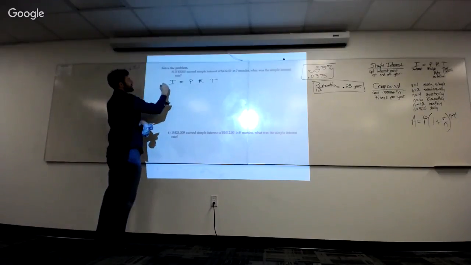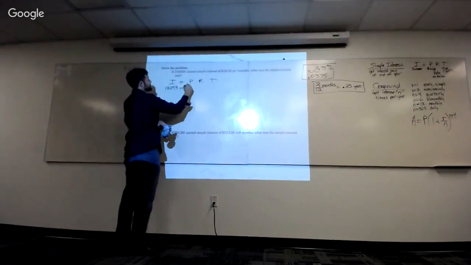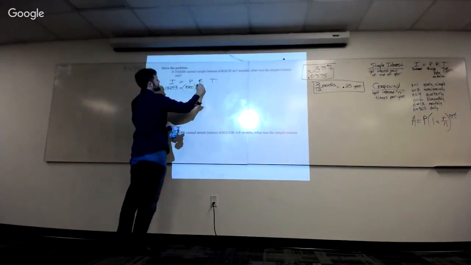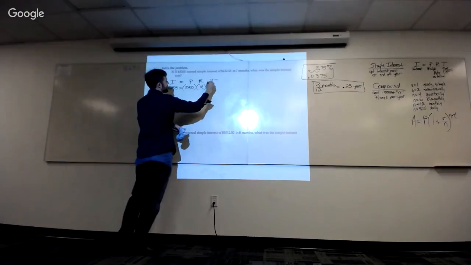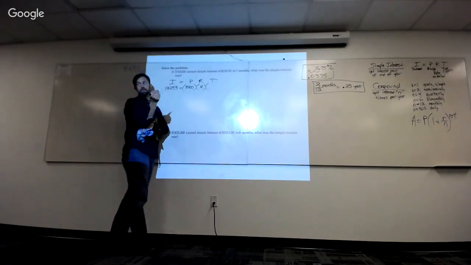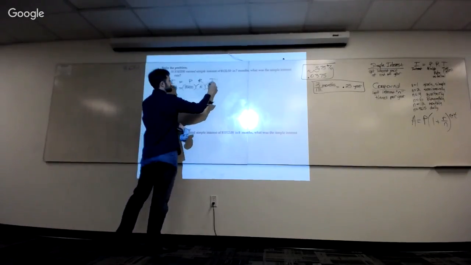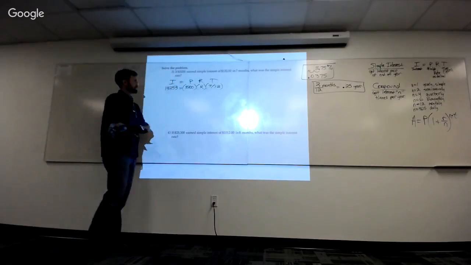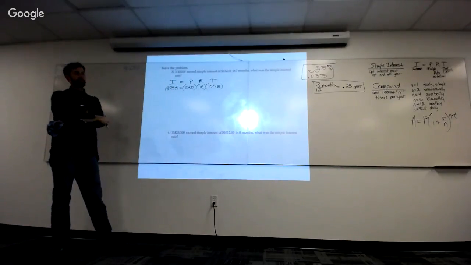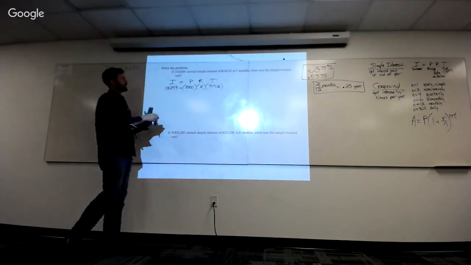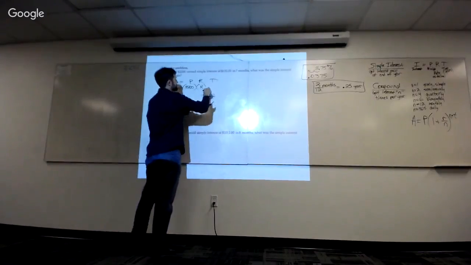And they're saying the interest was 132, the principal was 3,200, the rate we don't know, and the time was 7 months. So how do I write 7 months? 7 over 12. Yeah, 7 over 12. And so now we want to solve for R. In this case, I'm just going to write 7/12 the normal way.